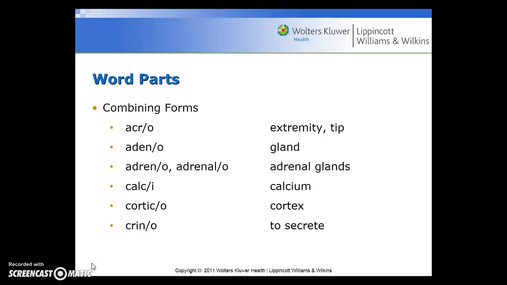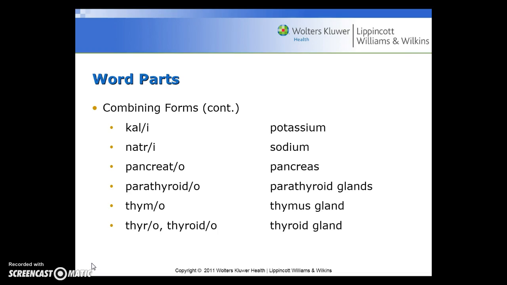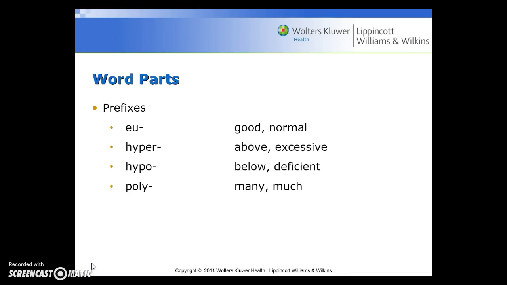Word parts in this system are acro for extremity or tip, adeno for gland, adrenal or adreno for adrenal glands, calci for calcium, cortico for cortex, crino to secrete, dipso for thirst, endocrino for endocrine, gluco or glucoso, glyco and glycoso for glucose or sugar, hormono for hormone, kali for potassium, natri for sodium, pancreato for pancreas, parathyroid for parathyroid glands, and thymo for the thymus gland, thyro or thyroido for thyroid gland.